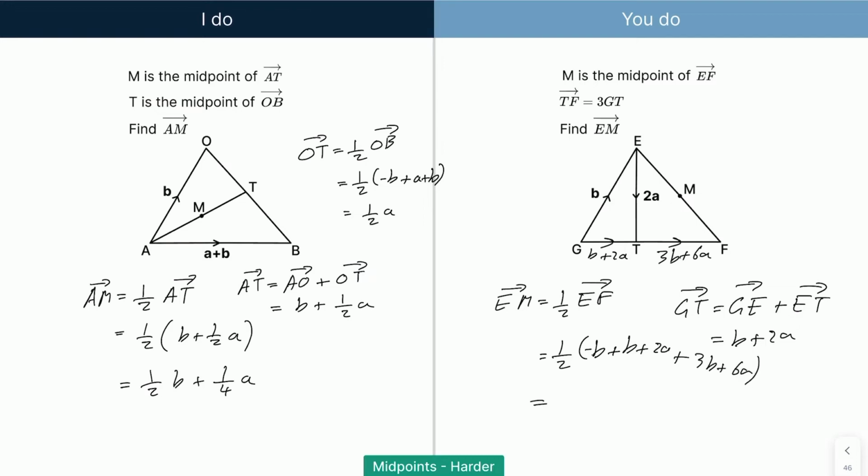And if I tidy that up, I can see them two cancel out. So that leaves me with 3B plus 8A and then a half outside. We can expand it out or just leave it like that. So that becomes 3 over 2B plus 4A.